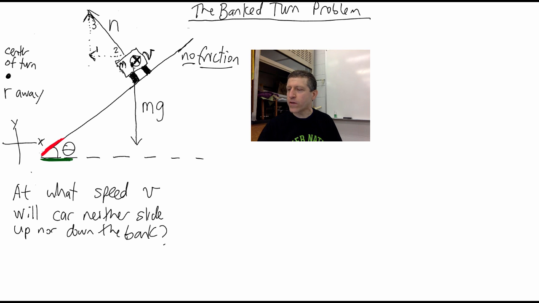I'm going to mark these so we can talk about them. I'm going to call this n sub. What would be a great subscript for this component? N sub x. How about this one? N sub y.